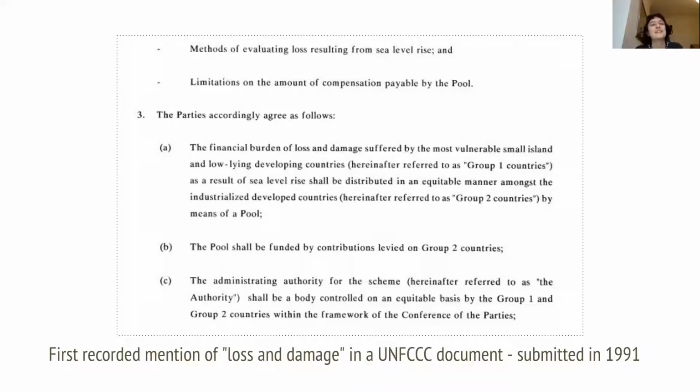But you can see here, it says that the burden of loss and damage suffered by the small island and low-lying developing countries as a result of sea level rise should be distributed in an equitable manner amongst the industrialized developed countries. So it really was the small island developing states. Those of you from those states understand how vulnerable they are to the impacts of climate change, and so they were calling for that, and they knew it was happening 30 years ago.